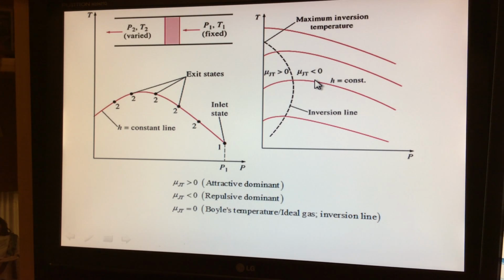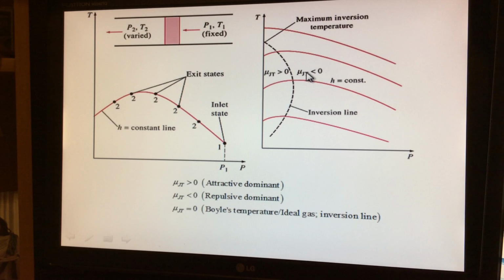In the previous slide, I already explained to you that for cooling, mu_JT must be a positive quantity. And therefore, when mu_JT is positive, then T2 is going to be less than T1.